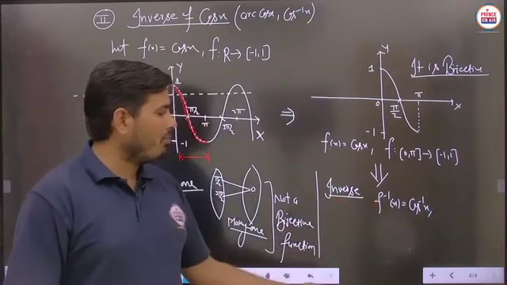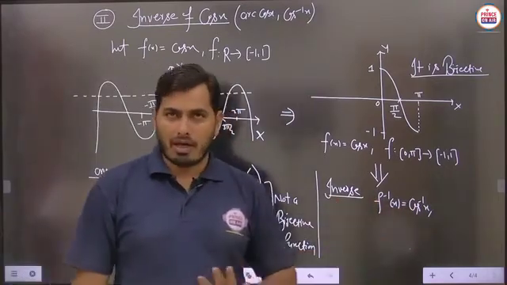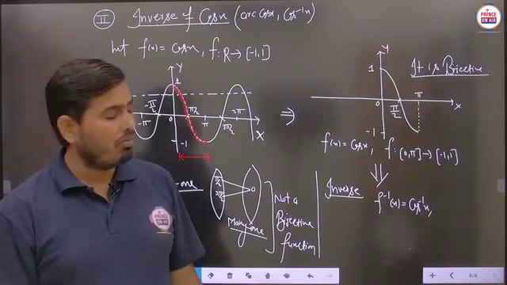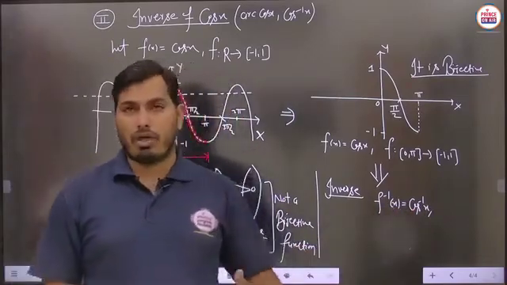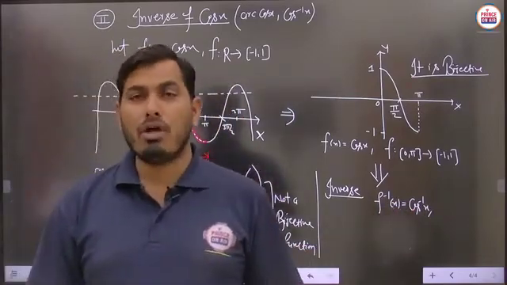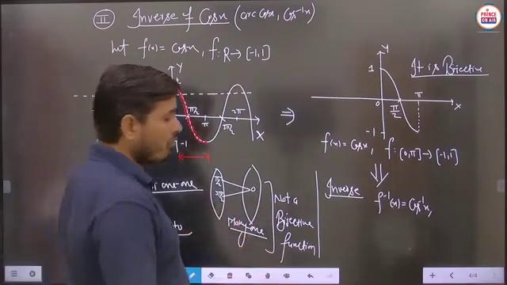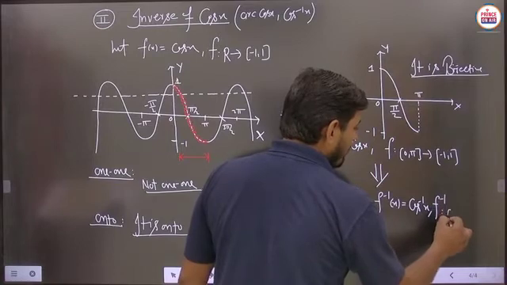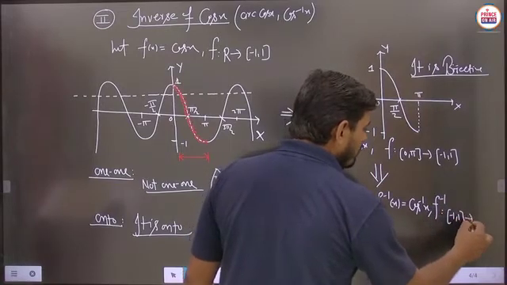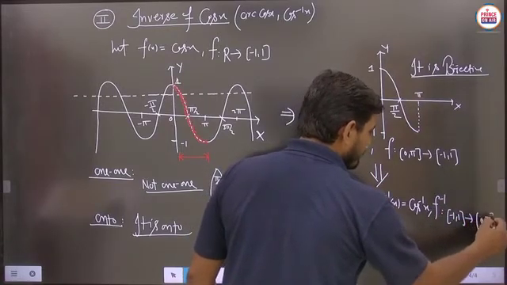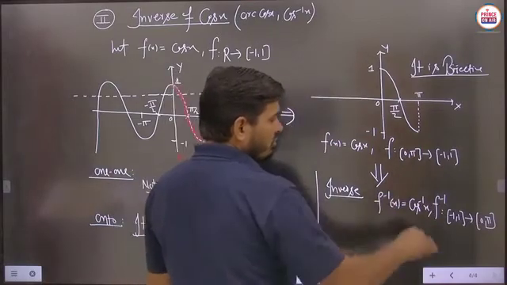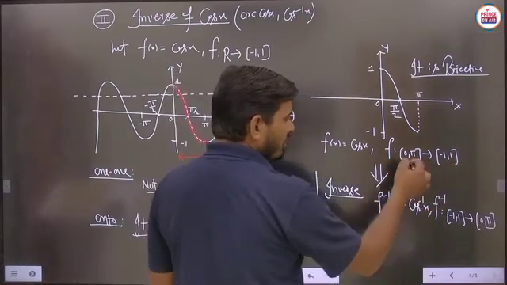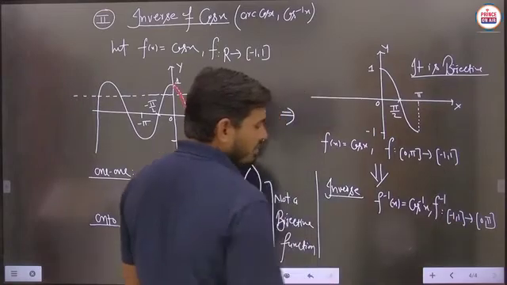And on the behalf of the name of the variable, there should be no confusion to you, because you can use y also, you can use x also, you can use z also. But what should be x and y we have to define. Then we will write f inverse is taken from -1 to 1 to 0 to pi. Just to be clear, because in the case of inverse, this codomain part will become the domain and the domain will become the codomain. Is it clear?